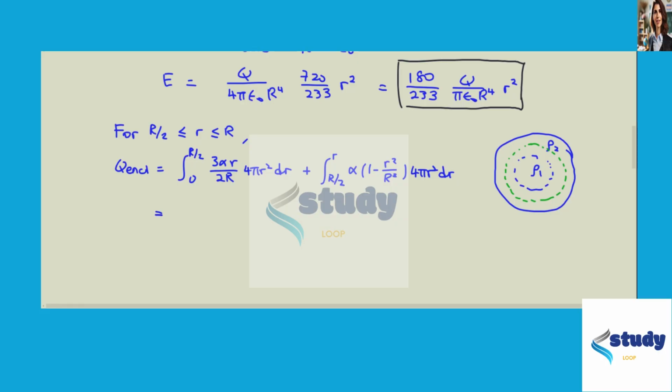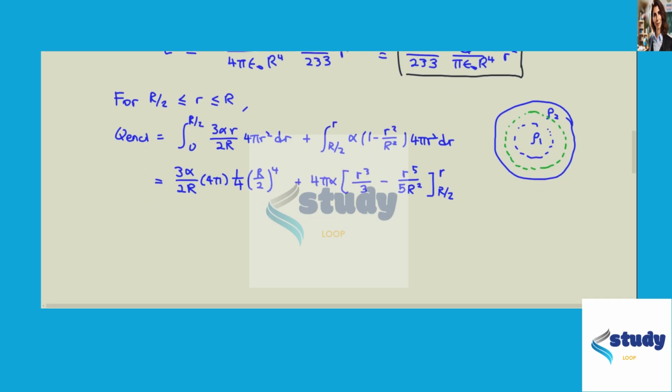So the first one, if you do the integration, you have 3 alpha over 2R times 4 pi, and then you have 1 over 4 times R over 2 to the 4. Okay, and then for the second term, you get 4 pi alpha, and when you integrate, you get r cubed divided by 3 minus r to the 5 divided by 5R squared, from R over 2 to small r.